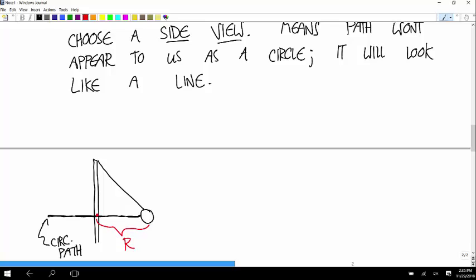And if this, I'll call that L, the length of the string, and this angle is theta, notice that the radius is always going to be the length times the cosine of that angle. Any questions about that?